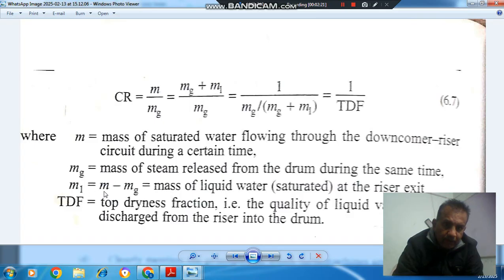So ml is m minus mg, the mass of liquid water at the riser end. So this can be further solved. We can take mg divided by mg plus ml, or we can write it as the dryness fraction. So that is your dryness fraction.